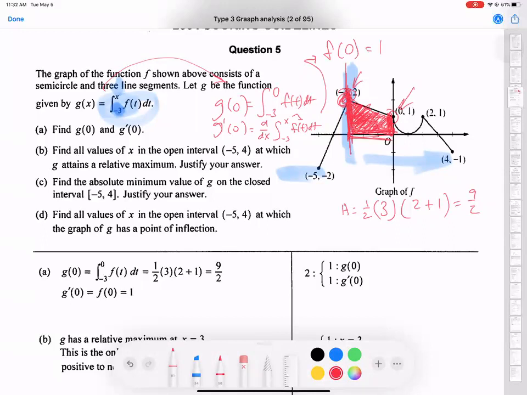Okay, second part, find all the values of x in the open interval, -5 to 4, the whole breadth of the graph, at which g attains a relative maximum. Justify your answer. Okay, when would g obtain a relative maximum?